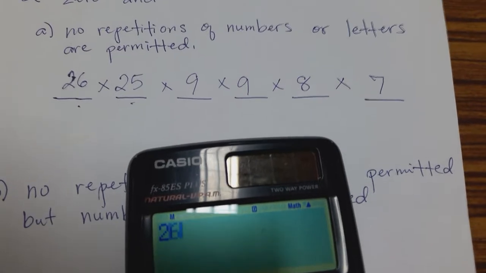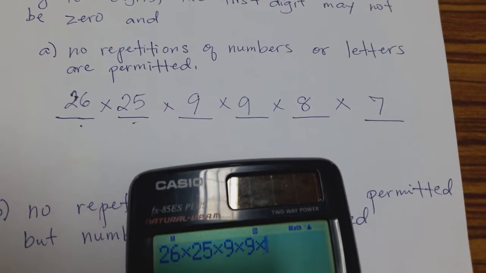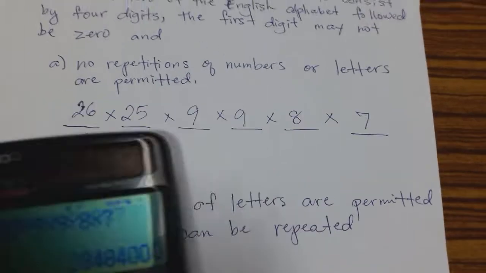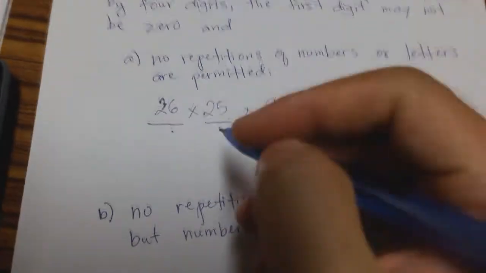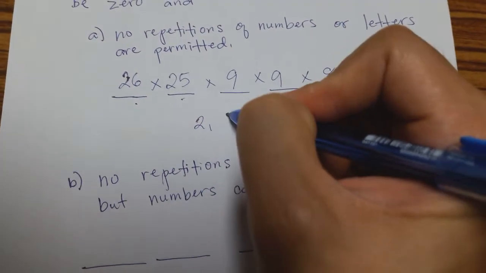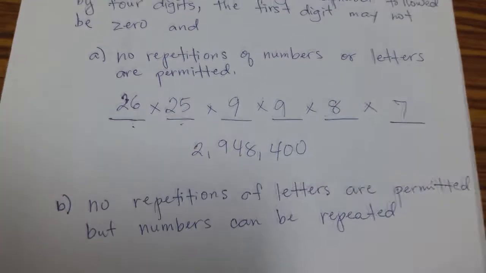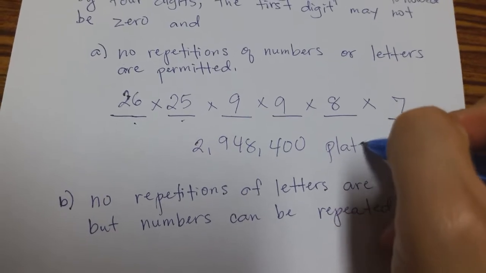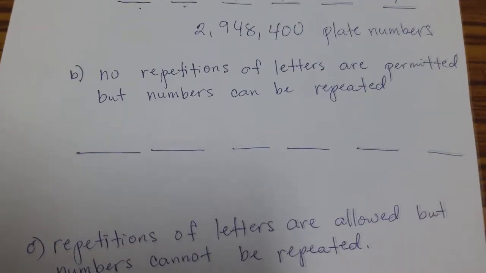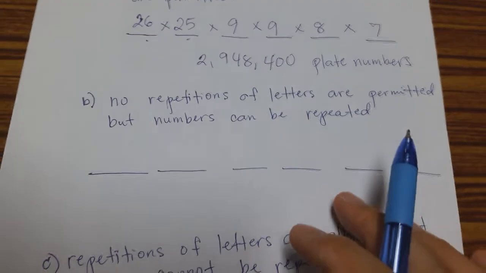Let's multiply 26 times 25 times 9 times 9 times 8 times 7. Okay, so we have 2,948,400 plate numbers.